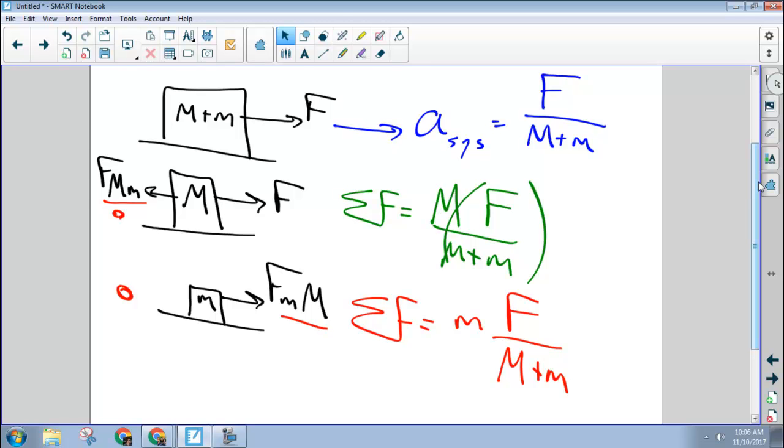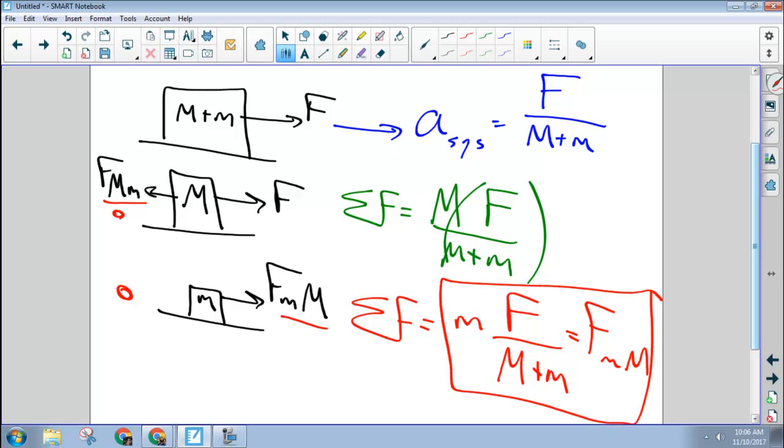So on the bottom one, isn't my net force F_Mm? Oh, we're done. This equals F_Mm. There's your answer. What's wrong? Oh. Where did I lose you there? At the end.